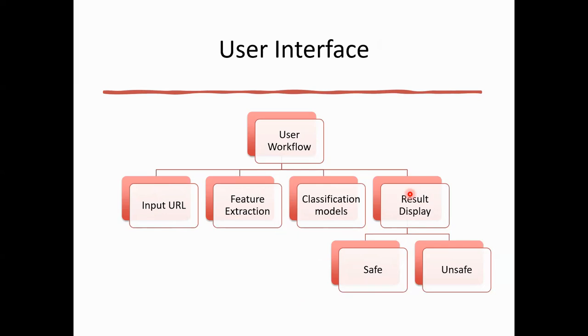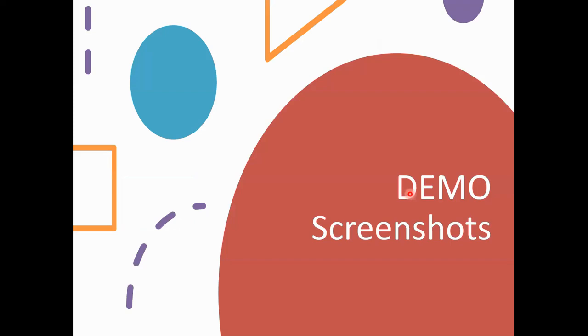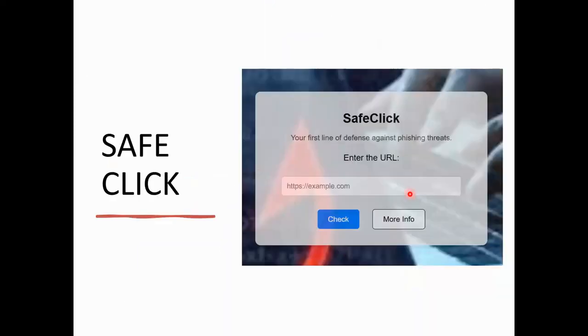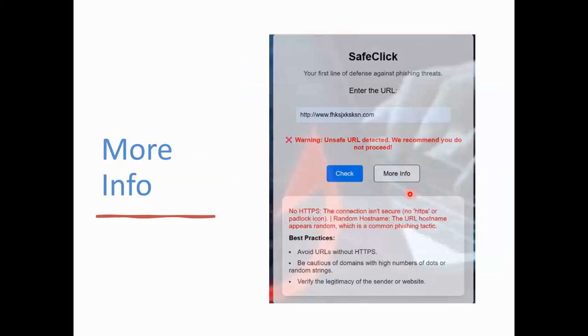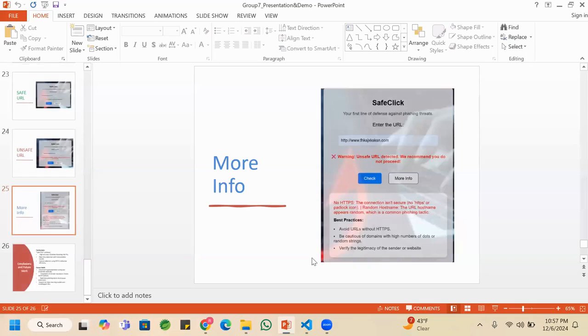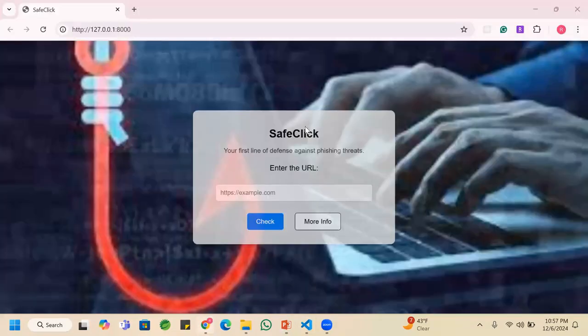I now want to show our application in real time so you can understand how exactly it looks. These are some of our demo screenshots. This is how our application looks, but I will still go through the application itself. I hope you can see this is our application.